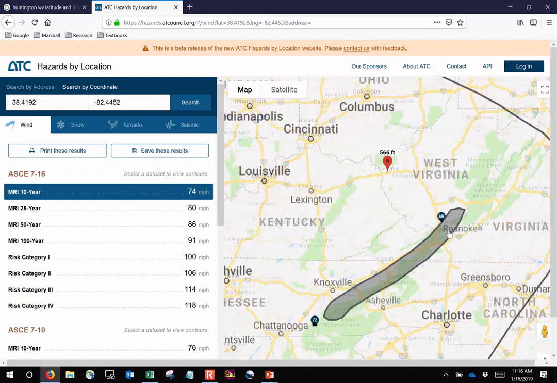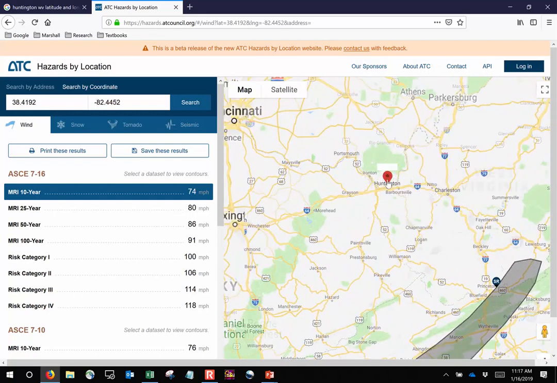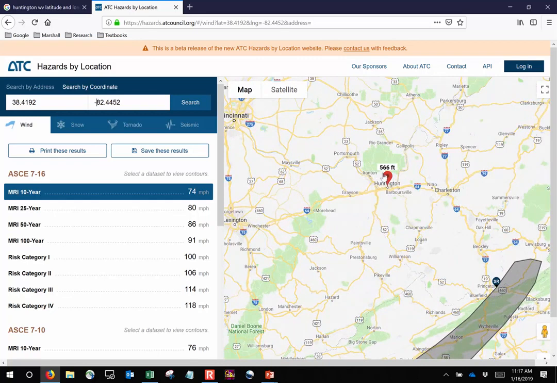Like I said, I'm from the Bluefield area, so there are some areas in that surrounding area that can be considered a special wind region. But long story short, we're in Huntington, West Virginia, and it locates what the environmental hazards are at that latitude and longitude, and it reports wind speeds for design.